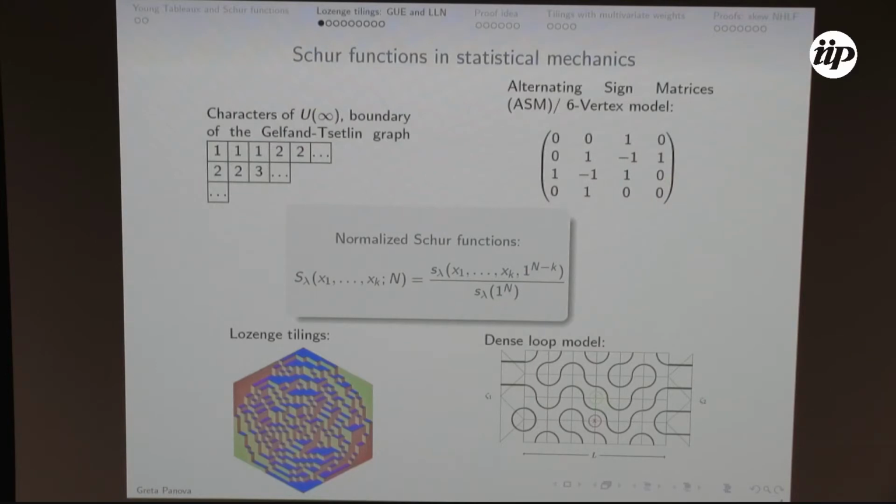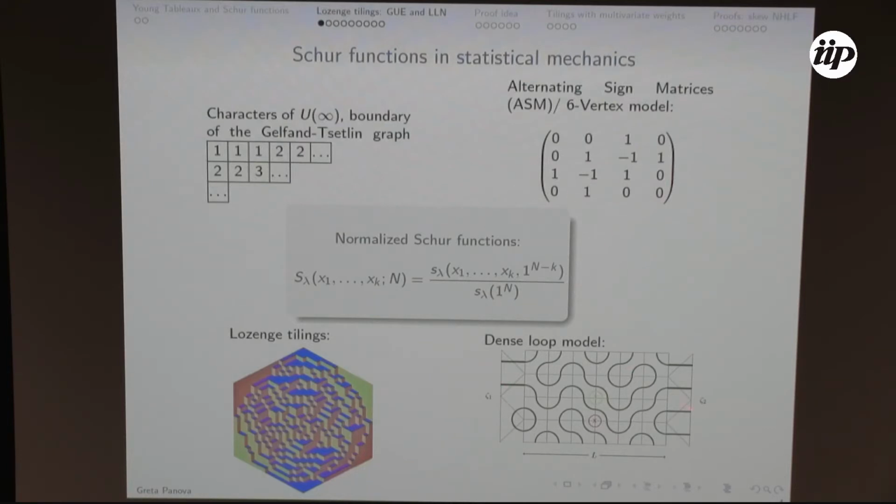So this is, in a sense, a moment generating function or a Laplace transform, that you will see in a moment. And the interesting thing is that these types of functions show up in the study of observables for many of the lattice models. Here I have drawn some of them: the 6-vertex model and alternating sign matrices, the dense loop model and so on.